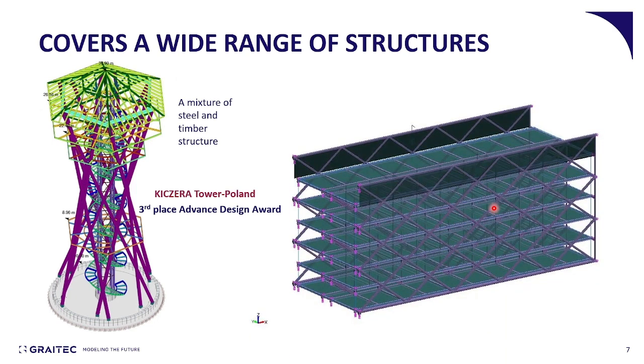You can easily see the different structure elements and some boundary conditions on the model. And it's the Low Pasteur building in Monaco. It is a mixture of concrete and steel, and received the first place Advanced Design Award back in 2022.